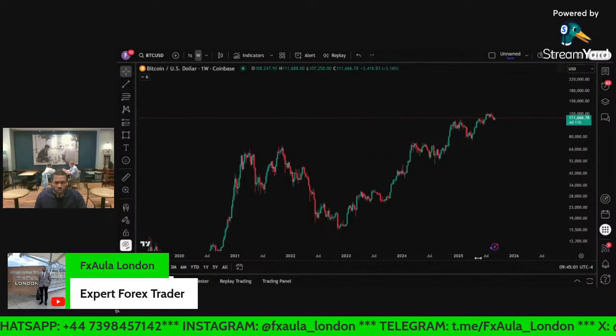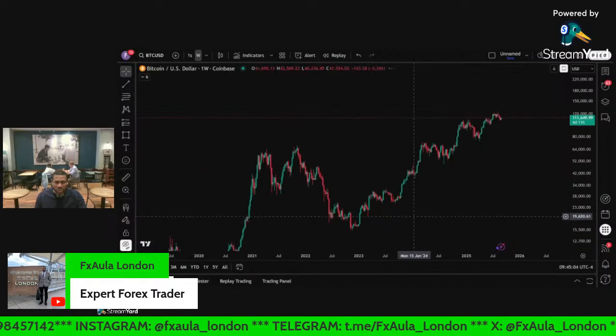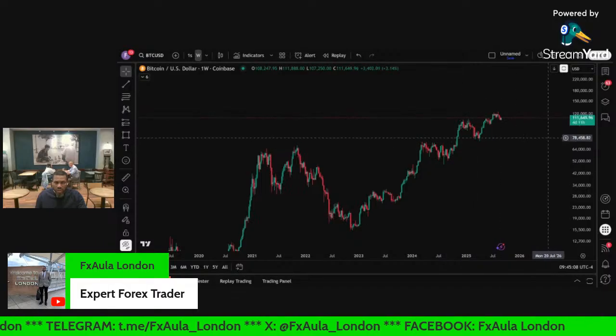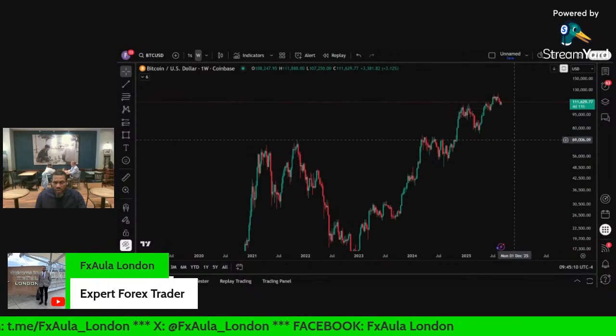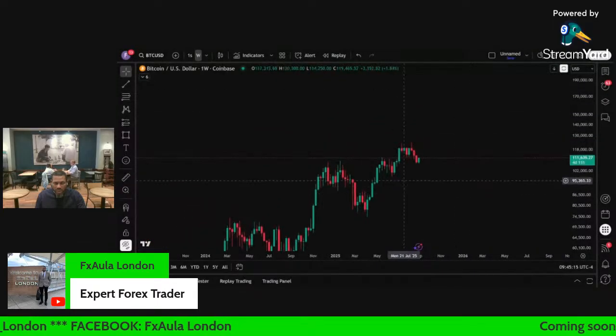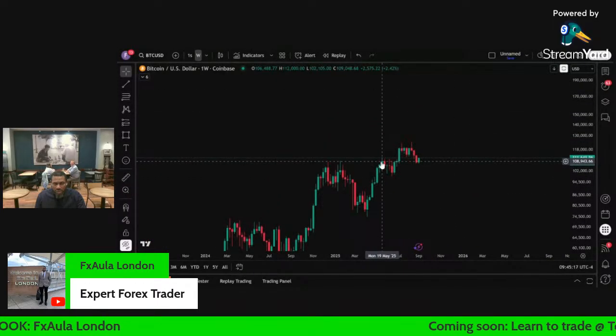So we're on the weekly time frame. We've been making higher high, higher low, higher high, higher low, higher high, higher high again. And then we have a weekly order block, a supply and demand area, which price is stacked at the top.